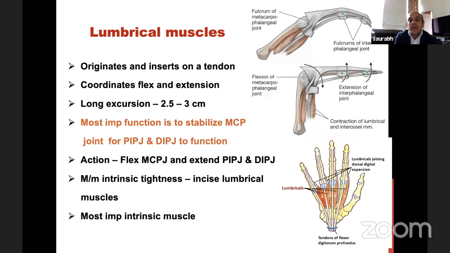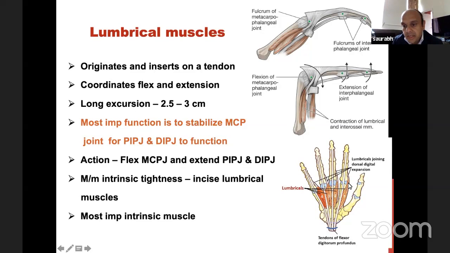Now, before we go there, lumbrical muscles. This is very important. I was saying we'll talk a bit about anatomy also. So lumbrical muscles, they're very fascinating muscles in the hand, in the sense that they originate and insert on a tendon. They come in zone 3 of the hand. They come from the radial side of flexor digitorum profundus.